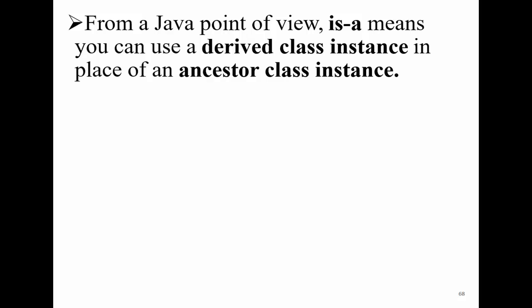Yes, that means we can use a derived class instance in place of an ancestor class instance. This is very important. You have shapes, 2D shapes. So 2D shape is a child of the shape. Now this derived class, 2D shape, is more specific than the shape.